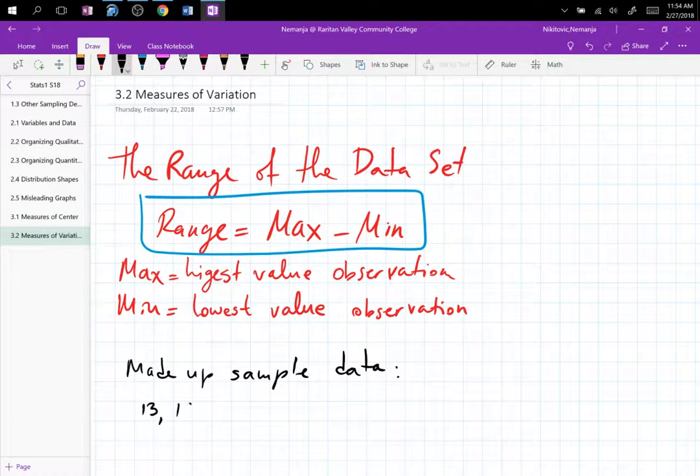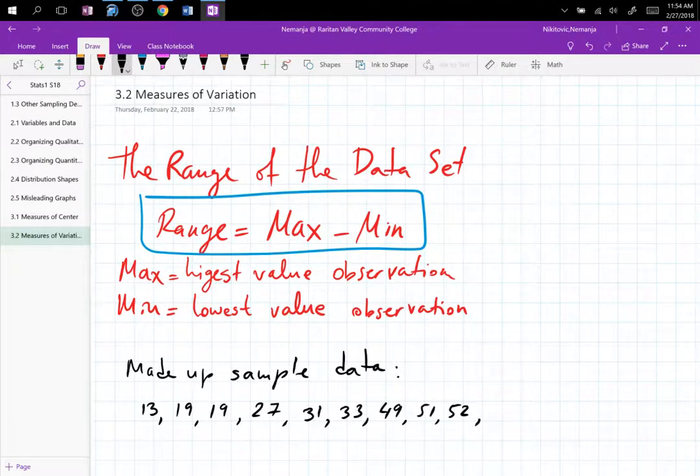Let's go 13, 19, 19, 27, 31, 33, 49, 51, 52, 53, 53, and 62.